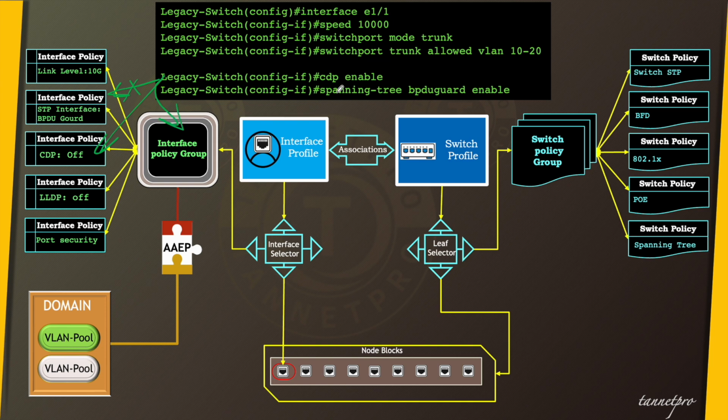Spanning tree BPDU guard, whatever interface-related configuration we do, that is played by the interface policy. Hope it is clear. I try to compare with legacy because you are very much familiar with the legacy network, and you are new to the ACI infrastructure. Hope it is clear.